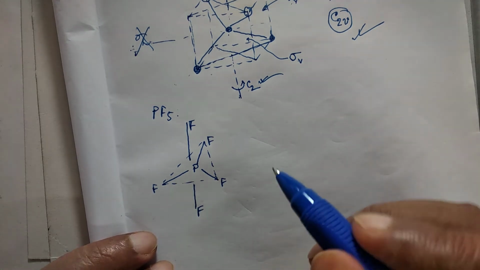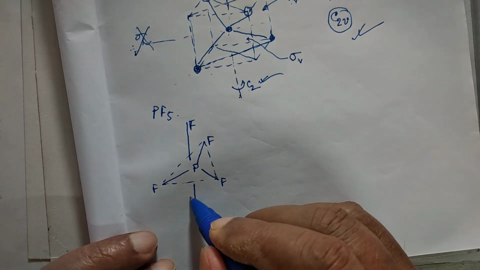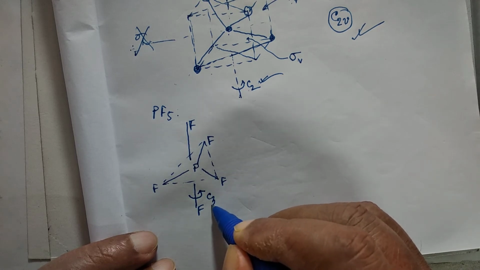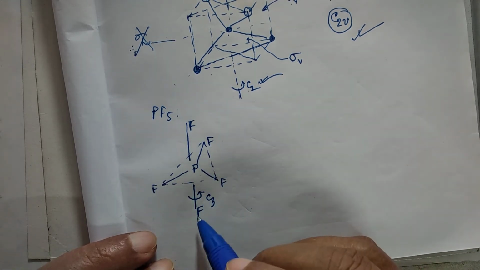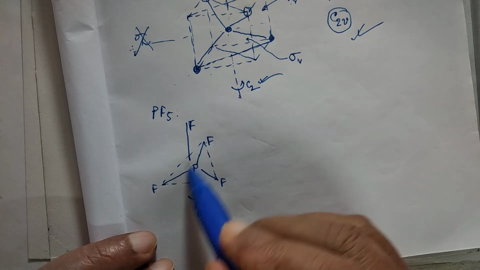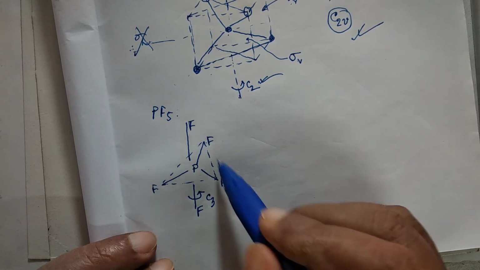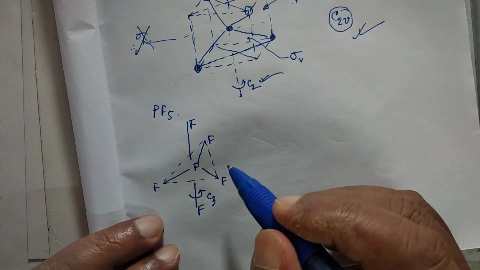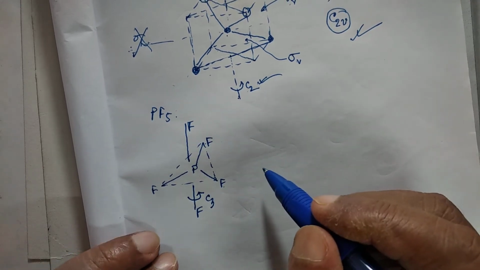We find that this axis acts as a C3 axis. If you rotate this molecule about this axis, these fluorine atoms will exchange places. So a C3 axis is present.